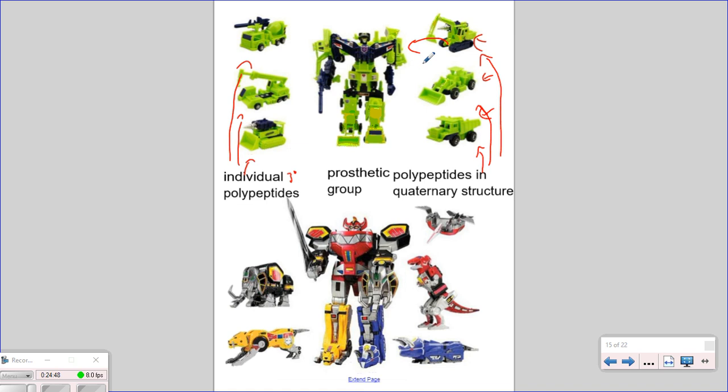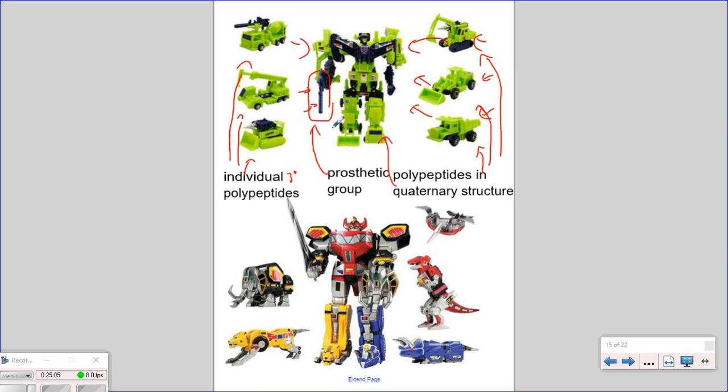All of these Constructicons can merge together to form Devastator, which is sort of like the quaternary group. And then Devastator has his little cannon, which he can use, and this is kind of like his version of a prosthetic group.